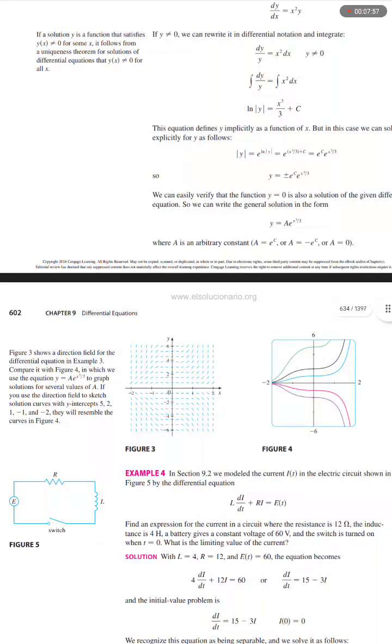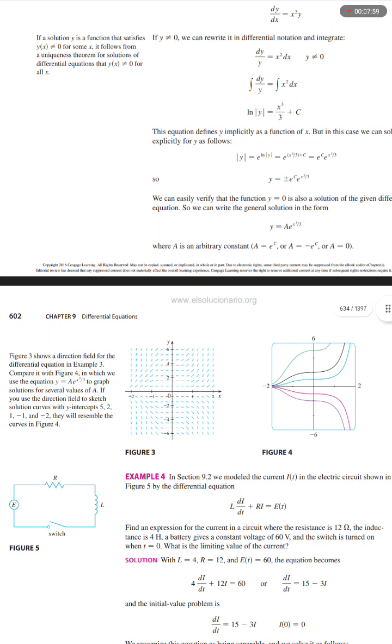Sidebar. Figure 3 shows a direction field for the differential equation in example 3.